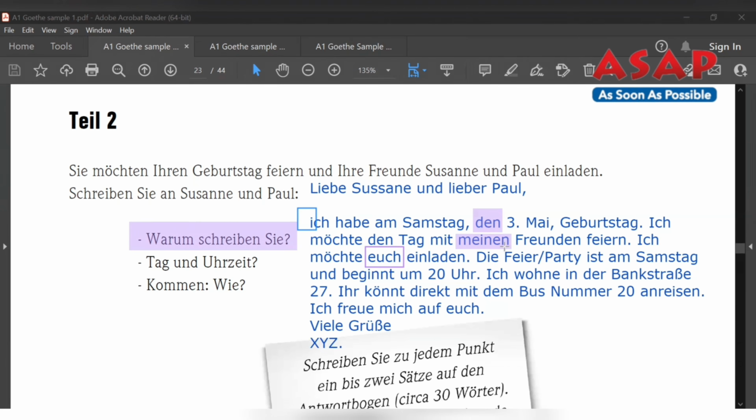So you can use the word anreisen or fahren. Fahren should be more correct, or reisen. Ich freue mich auf euch. I'm looking forward to seeing you guys. That's why it is again euch. So see how I have used this part here.